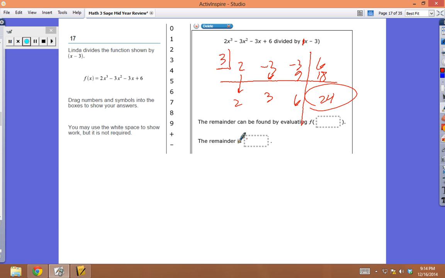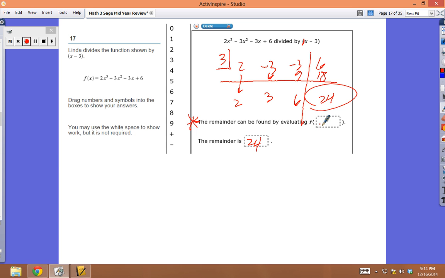So my remainder is 24, and for this question, the remainder theorem, you can actually find the remainder if you evaluate the function in place of x.